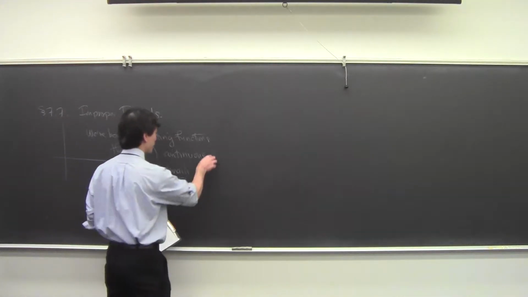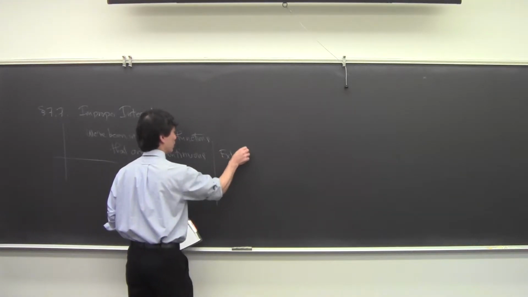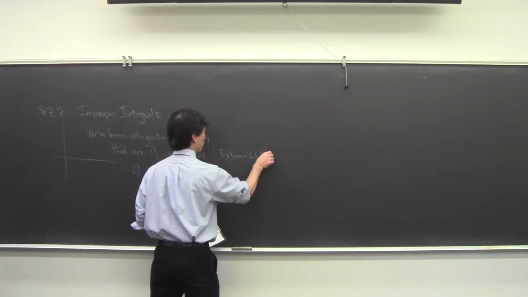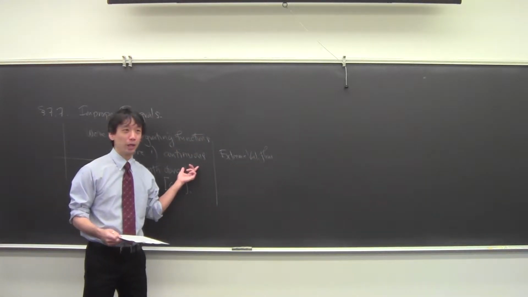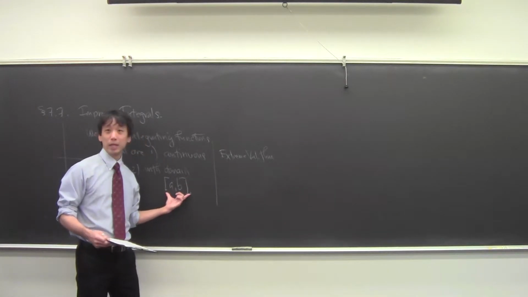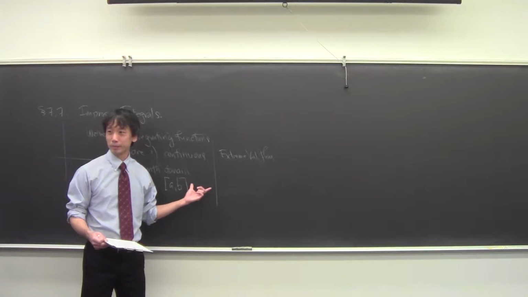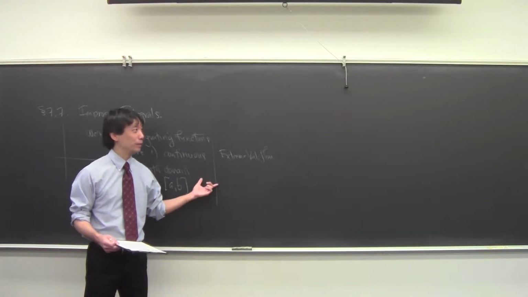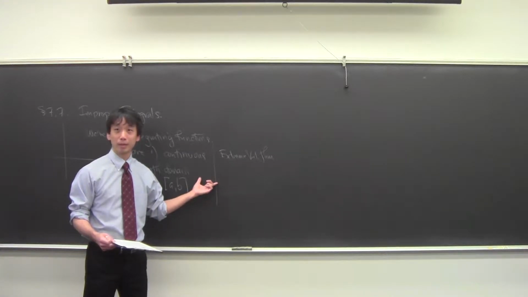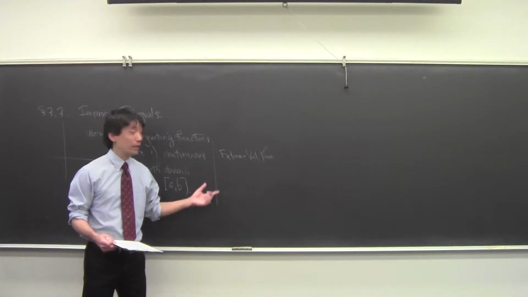And remember we had this thing called the extreme value theorem. That said that if you have a continuous function on a domain like this, then something happens. What can you say about the function? Jake? It obtains a maximum value, maybe a minimum value. That's right.